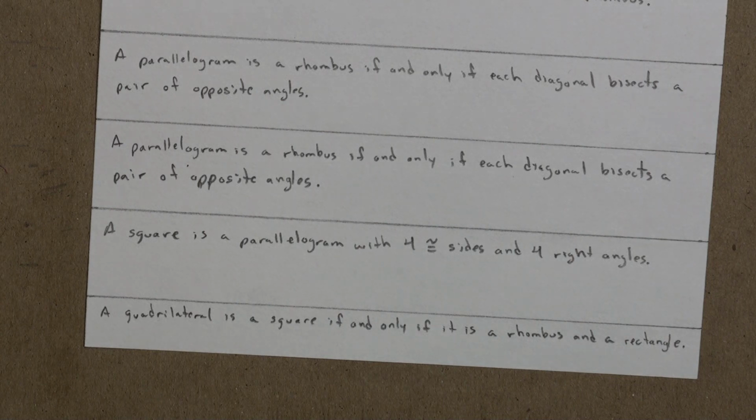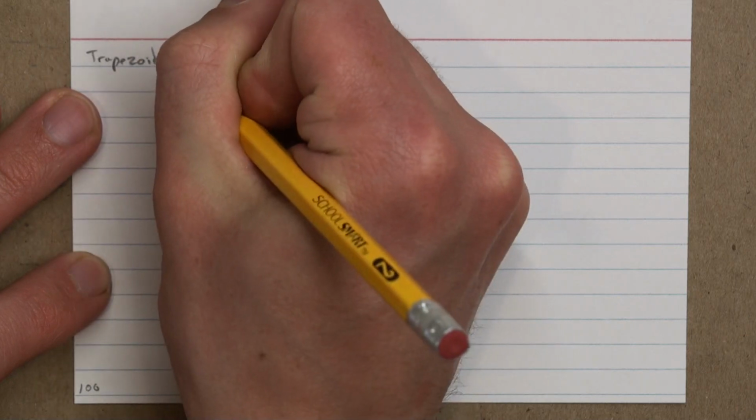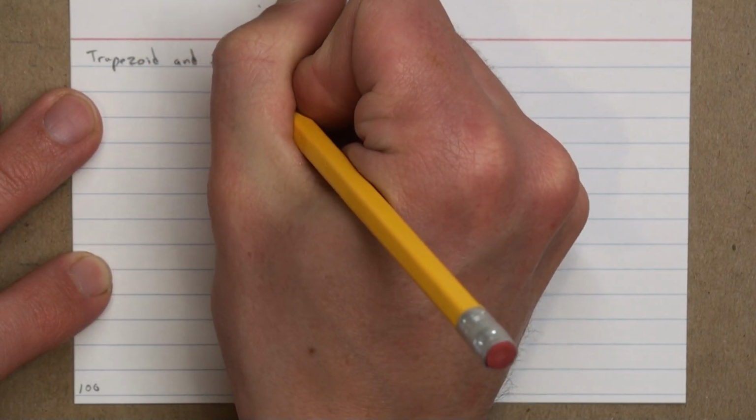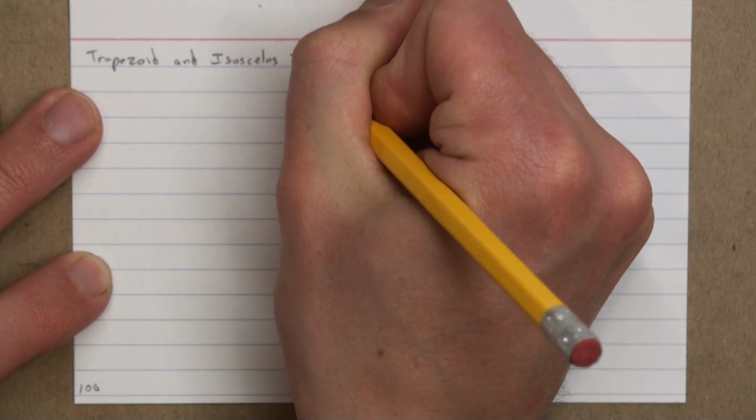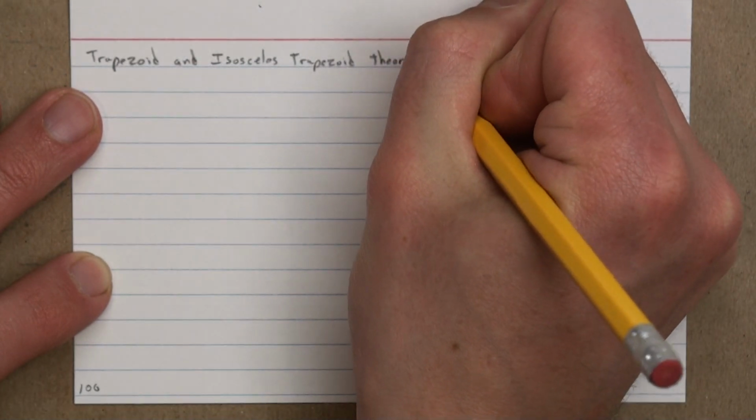Now we just have to talk about the theorems involving trapezoids. Okay. So let's do card 100. So trapezoid and isosceles trapezoid theorems.